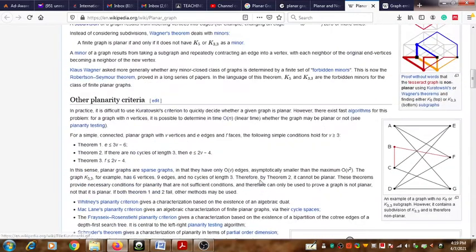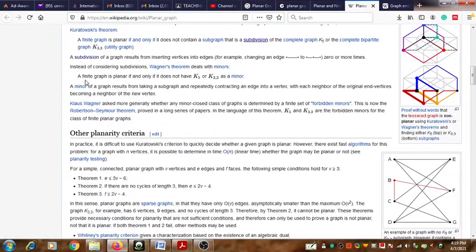Therefore, according to the second result, a finite graph G is planar if and only if it does not have K5 or K33 as a minor. But in the case of the Petersen graph, we can obtain K33 as its minor by using the minor operations.